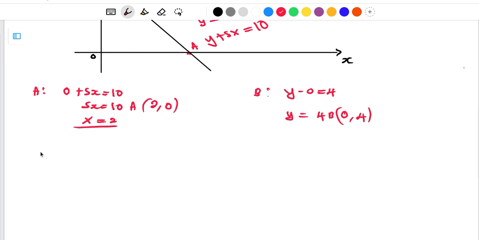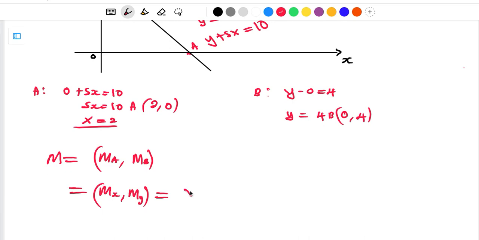So what is the formula for midpoint? The midpoint is equal to the midpoint for A, comma, the midpoint for B. Or you can say it is equal to the midpoint for x, comma, the midpoint for y. In short, this is equal to (x1 + x2) divided by 2, comma, (y1 + y2) divided by 2.